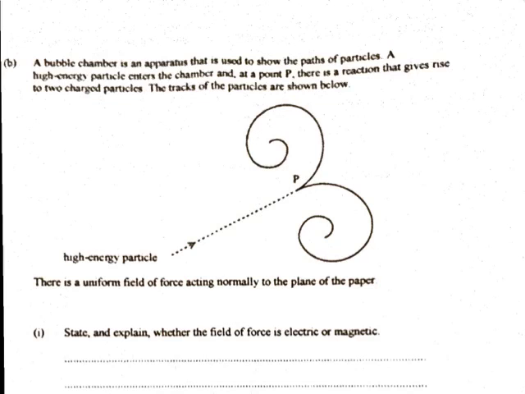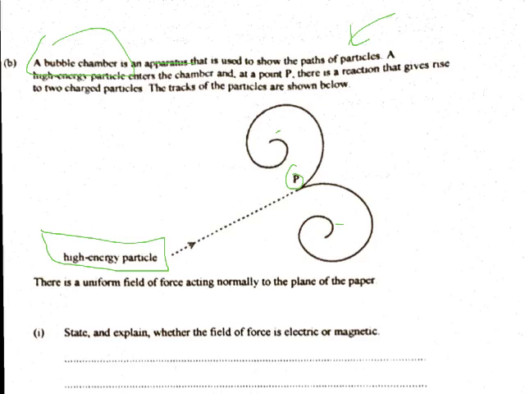So here we have a bubble chamber, and as it explains in the question, it's just a simple apparatus that shows the way the particles move. You get a high energy particle coming into the cloud chamber or bubble chamber, and at P there's a reaction that makes 2 charged particles, and their tracks are shown below.